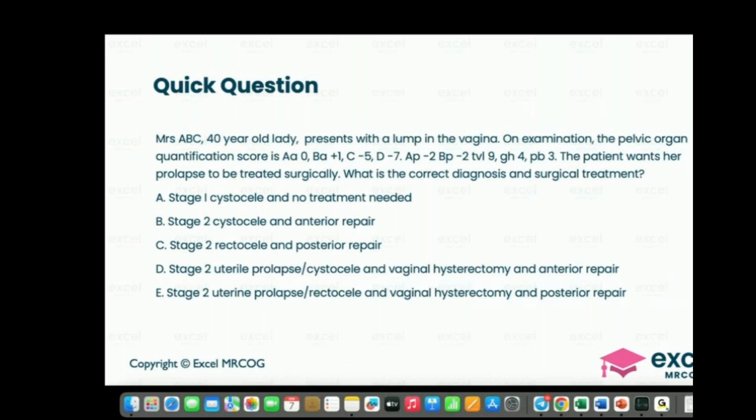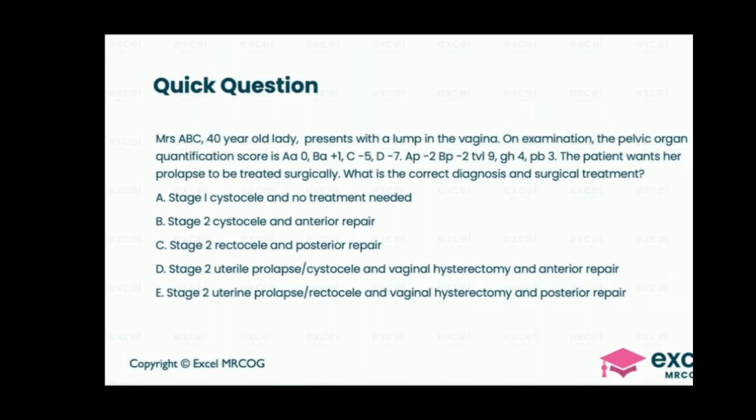All right, so what is that option? B, right? So the option here would be B. You can see that your BA has come out. The anterior wall has come down.